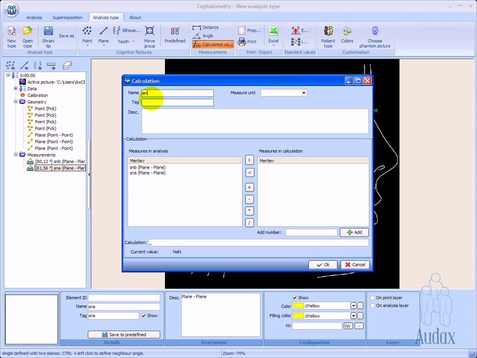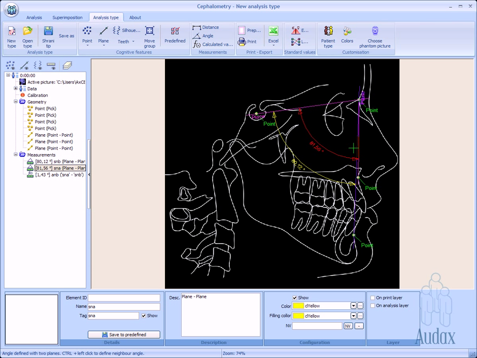The A and B angle's unit of measure is degrees and is calculated by subtracting the SNB angle from the SNA angle. Its value can be either positive or negative. The A and B angle is also presented in the structure tree.